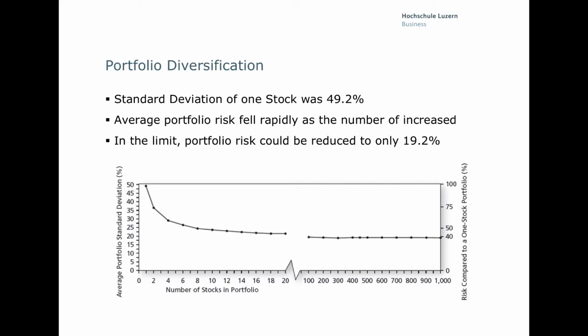On average, portfolio risk does fall with diversification, from 49.2% with one stock to 19.2% with 1,000 stocks. 50% of risk reduction compared to a single stock can be achieved with a portfolio of 6 stocks. As a rule of thumb, a portfolio of 15 stocks is well diversified.